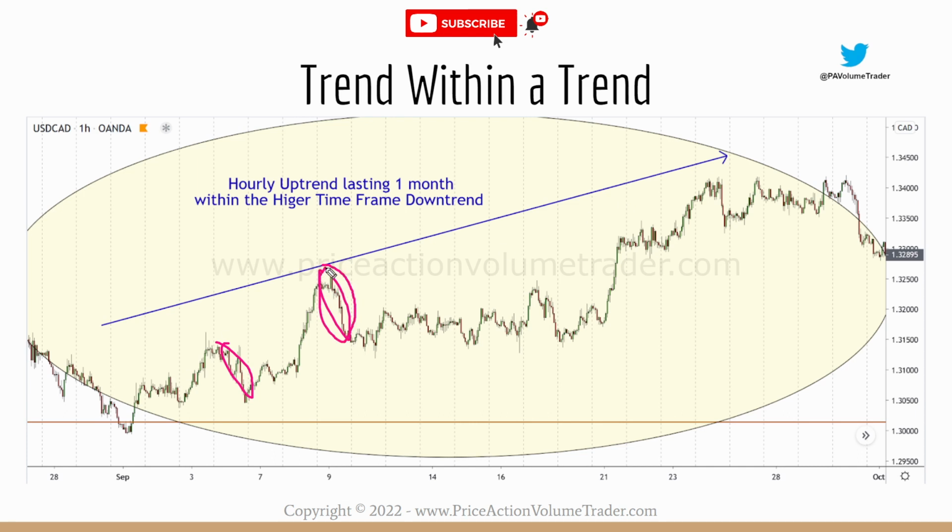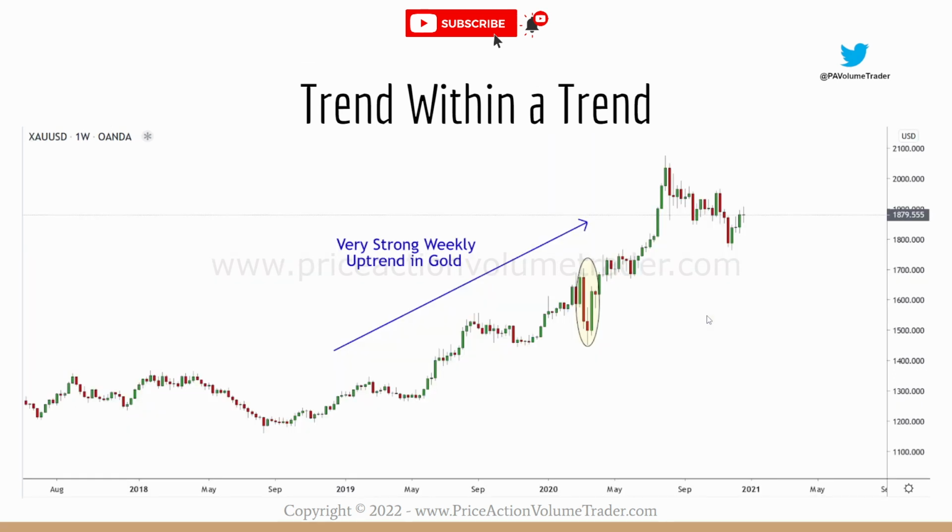If you go on like a 5-minute time frame, there's obviously a lot of smaller downtrends on that time frame, etc. So you can see basically how, depending on what type of trader you are, we're going to be focusing on different time frames. And until that market structure on the time frame that we are executing on tells us otherwise, we are going to try to be going with that prevailing trend.